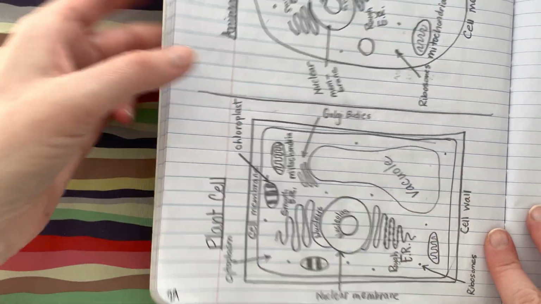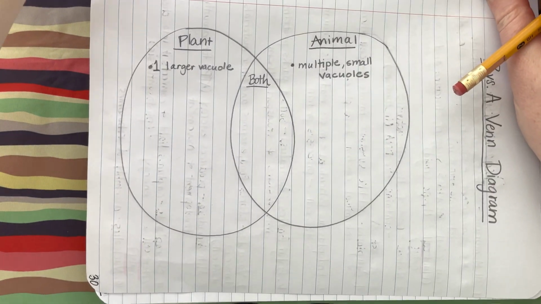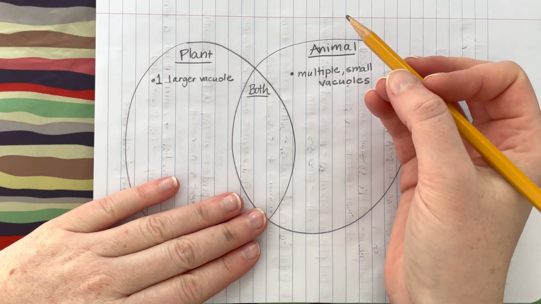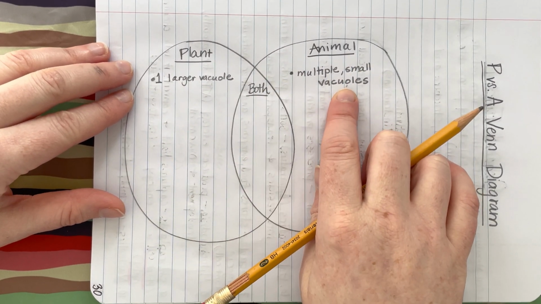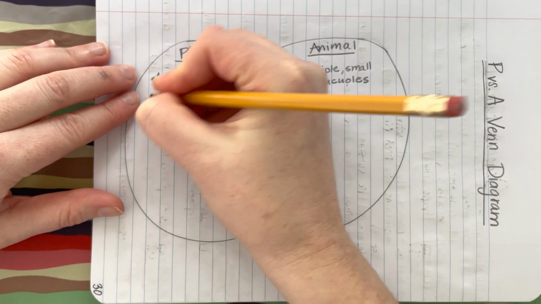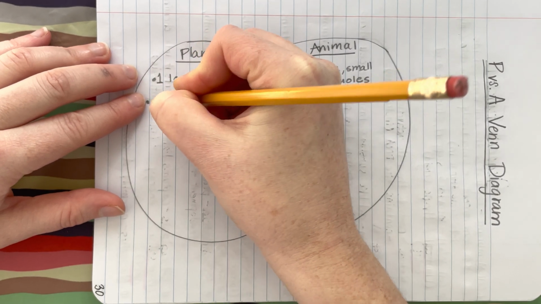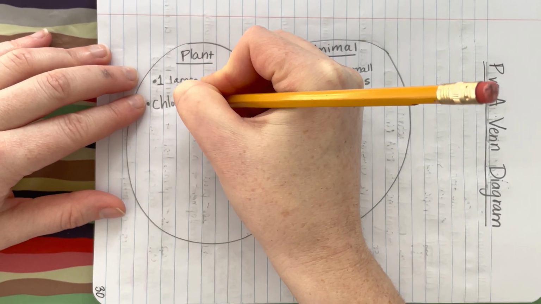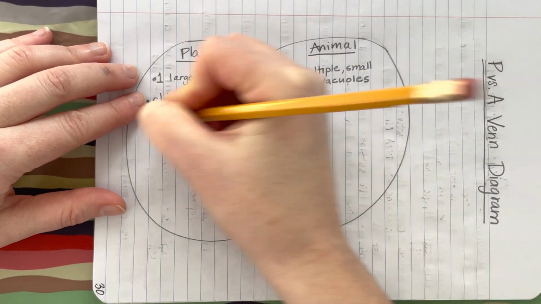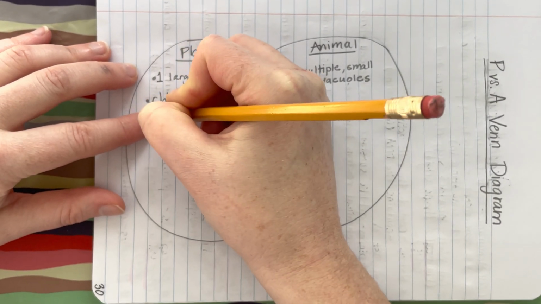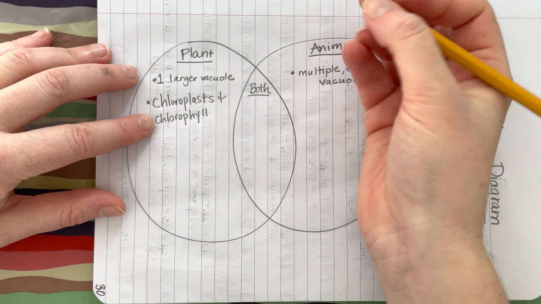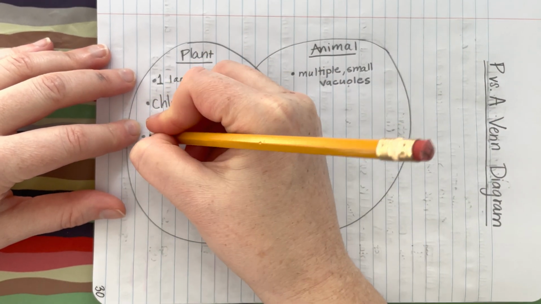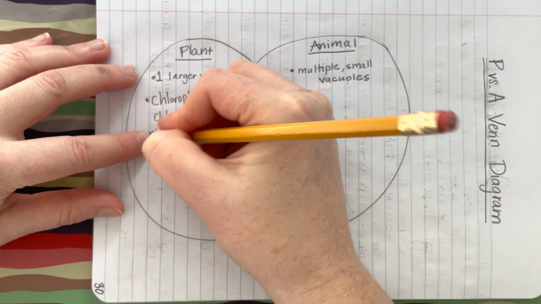So kind of going back to this activity, we have one larger vacuole, multiple small vacuoles. Plant cell has chloroplast and actually chlorophyll, which we didn't really talk about as much, but that's what's inside chloroplast. It's also a more rigid shape.